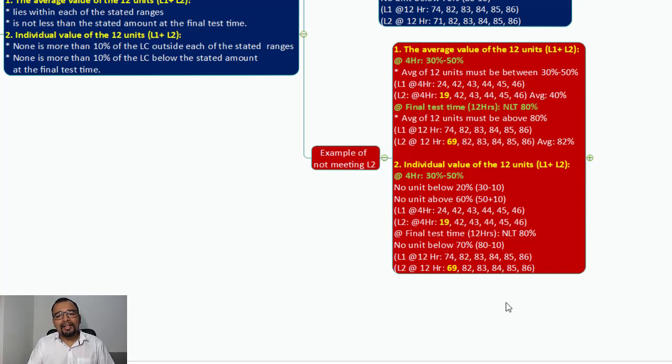Let us also understand the 12th hour result, and you will find that there is one value at L2 stage which is 69%, and our requirement is 70%.